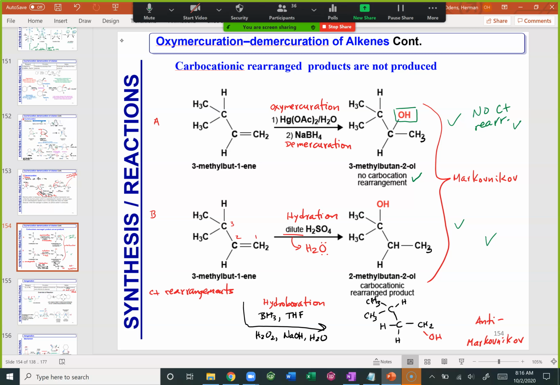Whereas for hydration you get a tertiary. This is a tertiary, this is a secondary. This came from a secondary carbocation, this came from a tertiary carbocation. There is rearrangement here. And so that's what I want you to be aware of. Now you have an OH that is on the tertiary carbon. All right.